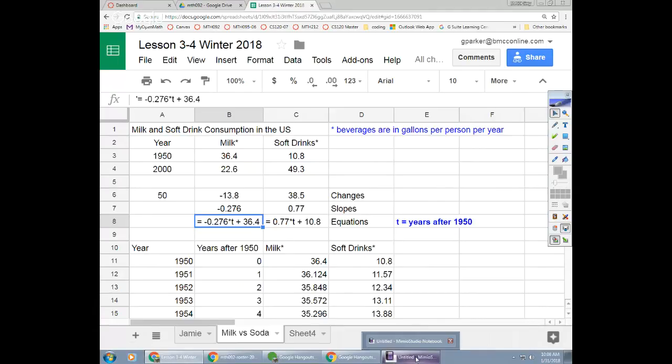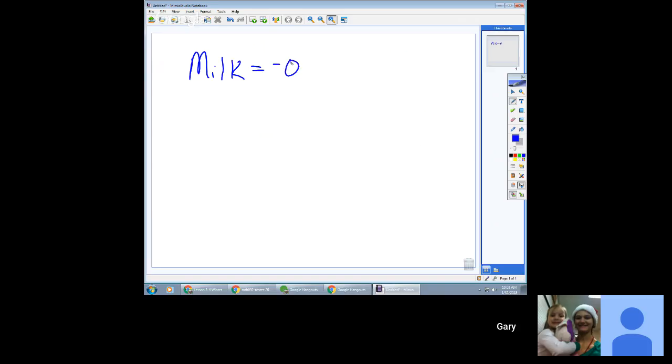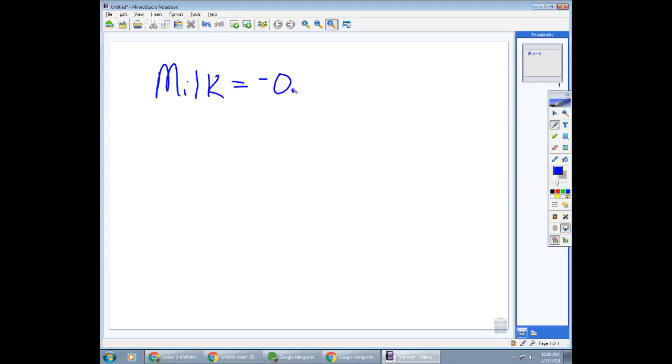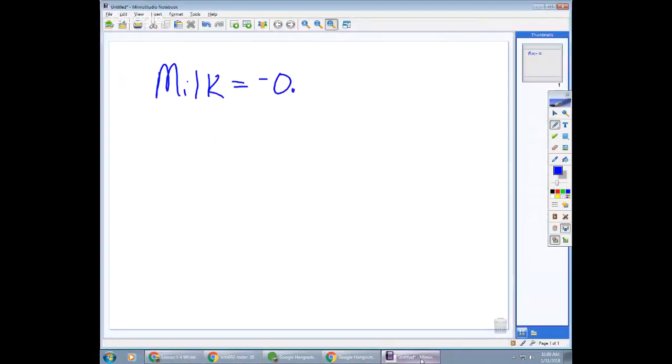Okay, so for example, for milk, I got, oops, is equal to negative 0. Now I forgot, 176? Anyone else get that? Too many numbers to keep in my head. 276, okay.